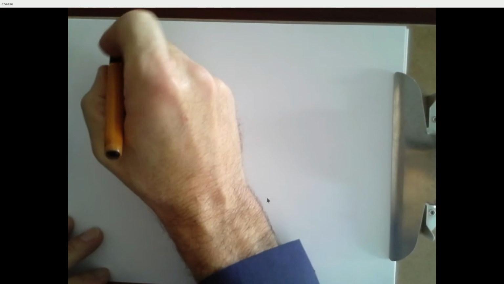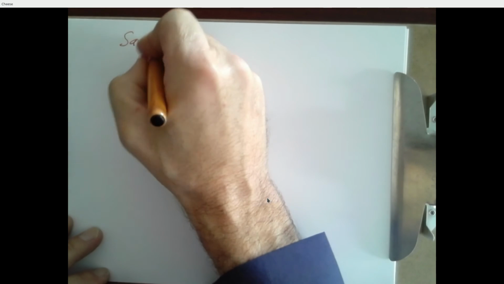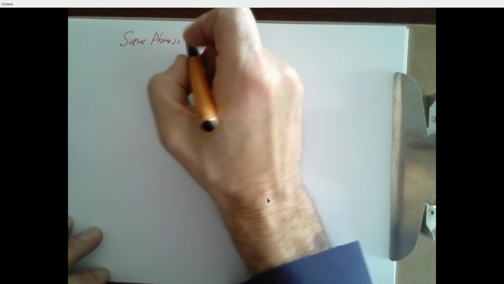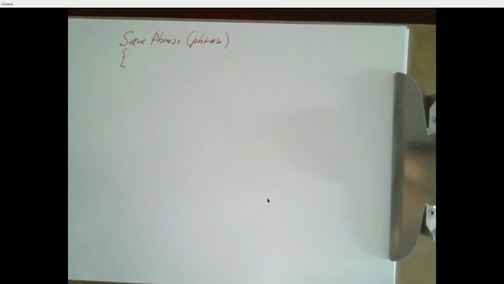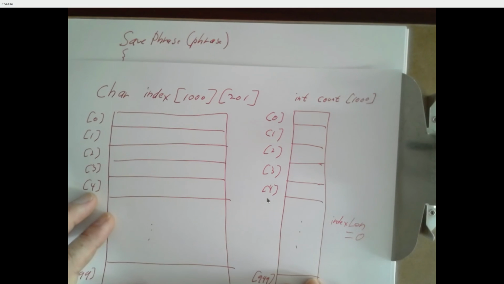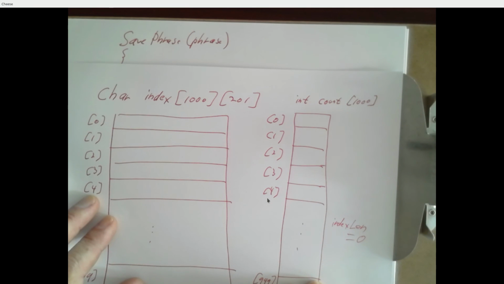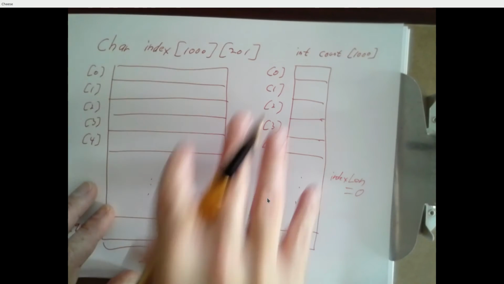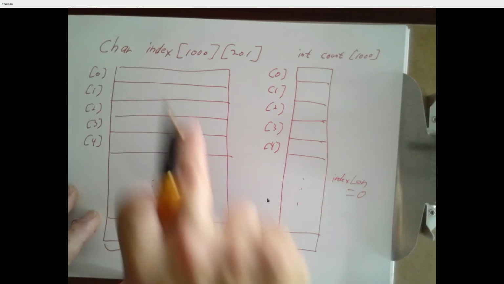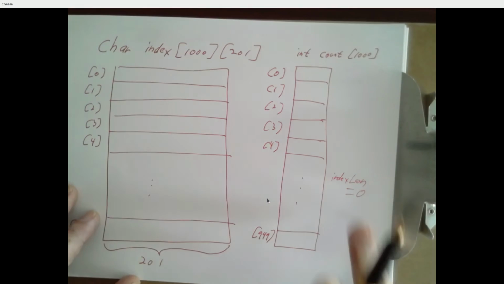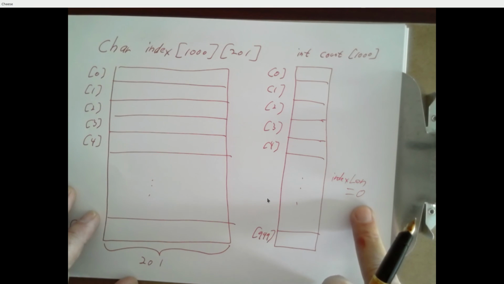So how do we save a phrase? We've got a save phrase routine. We pass it a character array, which is a phrase. Well, let's say we called get phrase and we got the phrase hello. And this is what our memory looks like right now. We've got an index array, we've got a count array, we've got index length equal to 0.